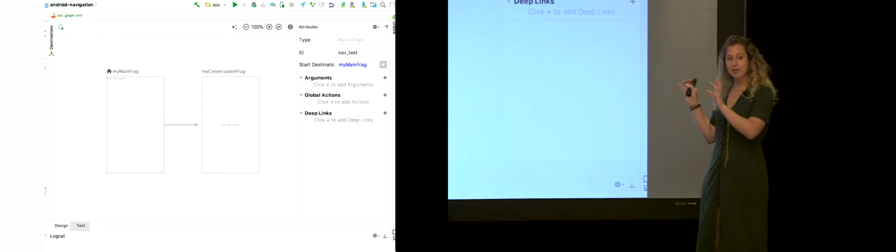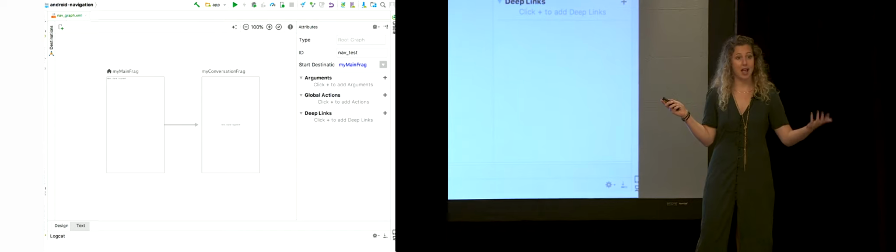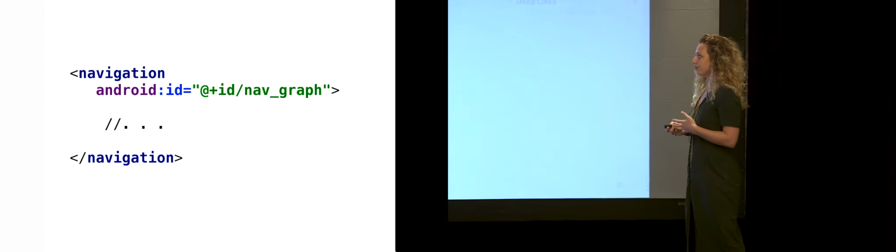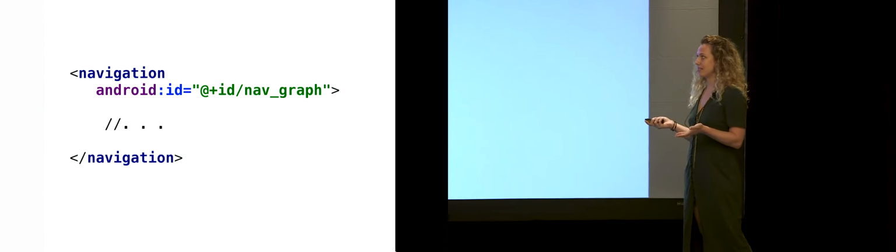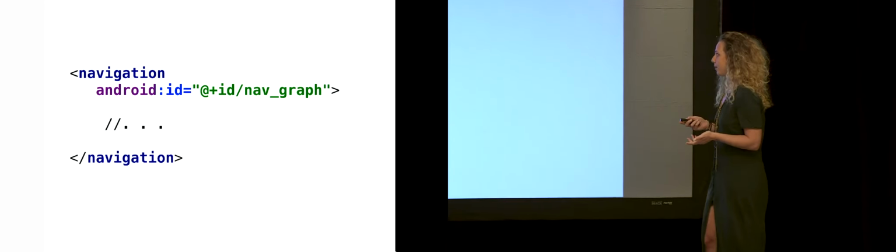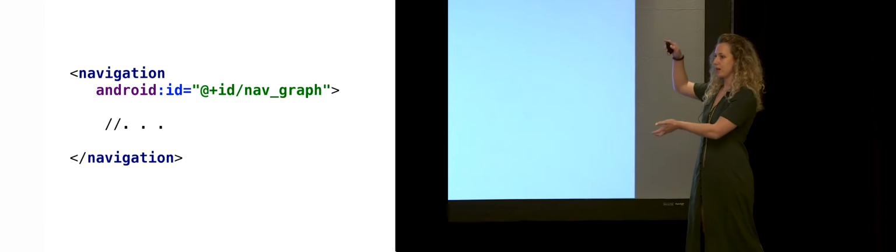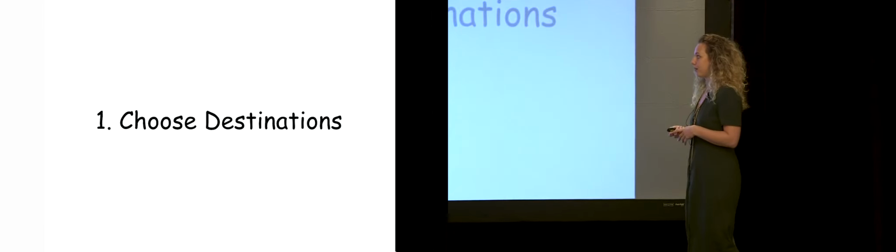So we have this editor. Everything we do here actually produces XML lines of code. This is the new tag for the navigation with an ID, and everything we do will be added in between this tag.